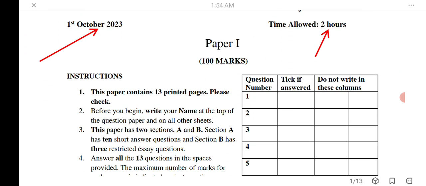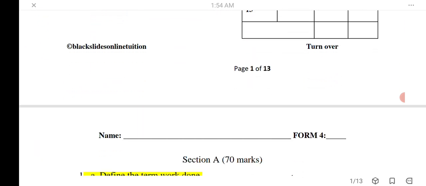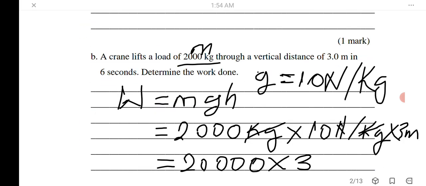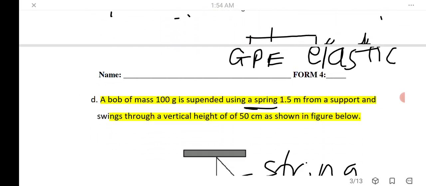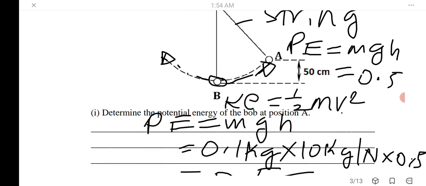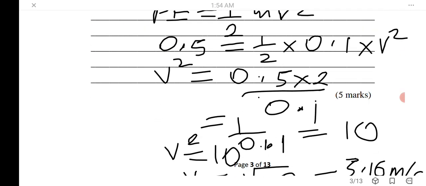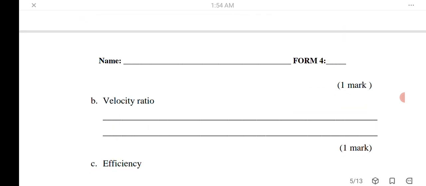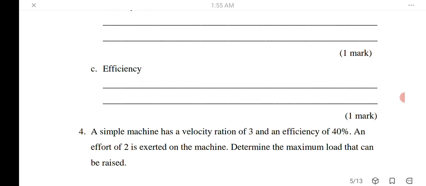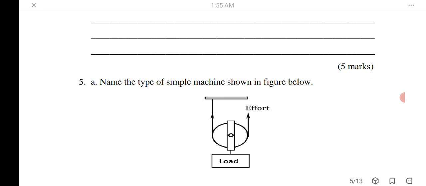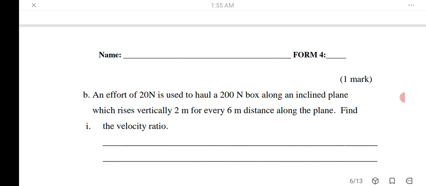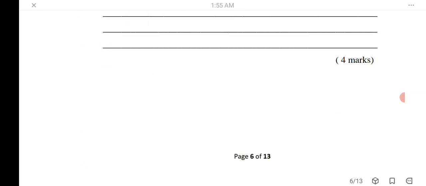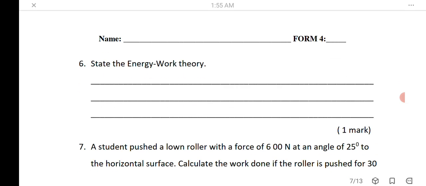You can request this paper so that you can go through the rest of the questions. It's a very good paper according to me. If you can have this paper and practice, I'm sure it's going to help you a great deal.